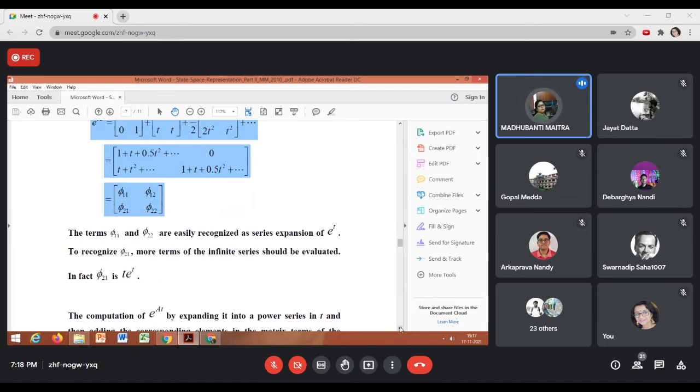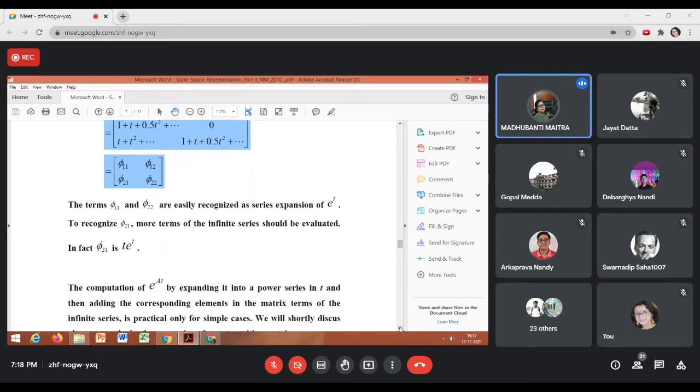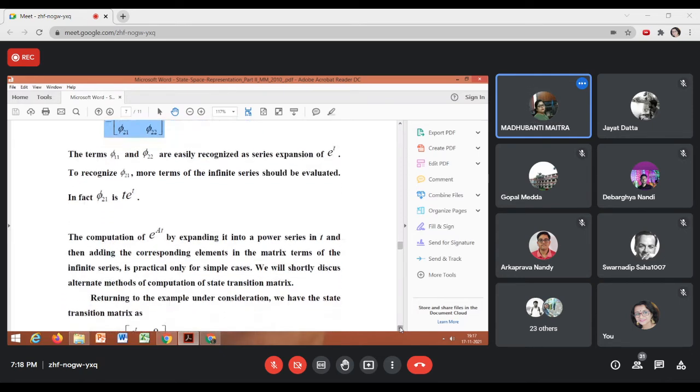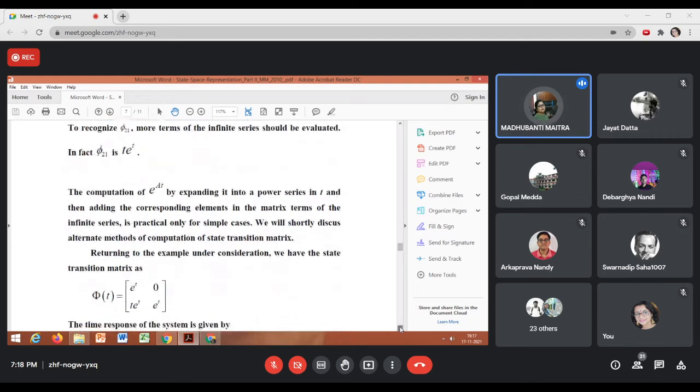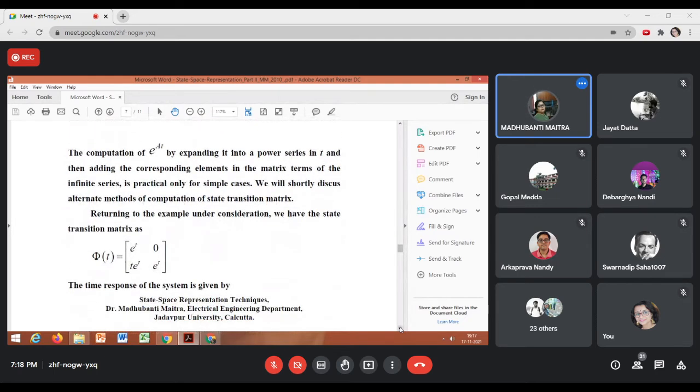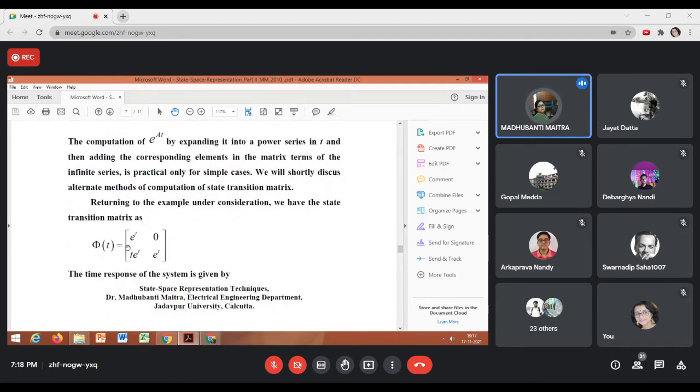So I guess now you can understand why this method is not a very appropriate or suitable method. So the resulting state transition matrix phi t will be e to the power t, 0, t into e to the power t, e to the power t.